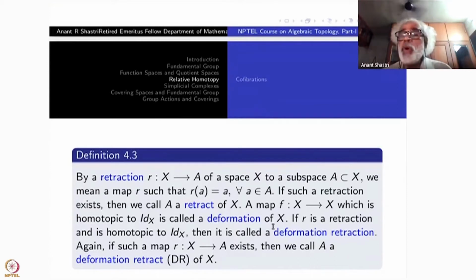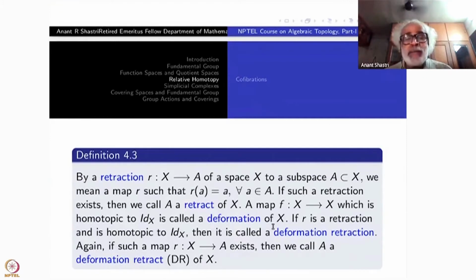If f is a homeomorphism, we are not bothered so much about homeomorphisms. So maybe f of X is smaller than X, but it is homotopic to the identity map, then the thing is called a deformation. So everything is taking place inside X. That's important. Anything homotopic to identity is called a deformation of X.